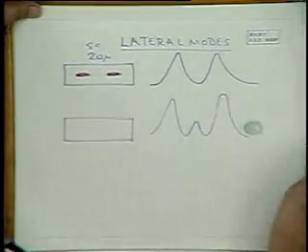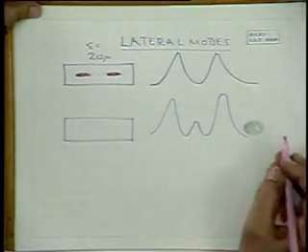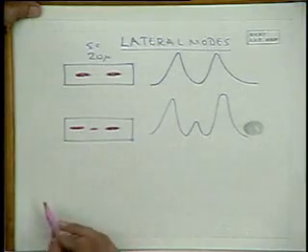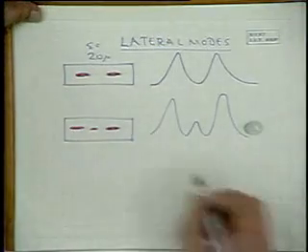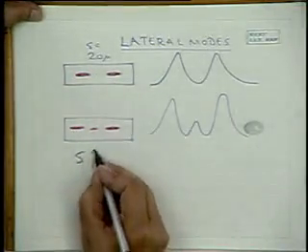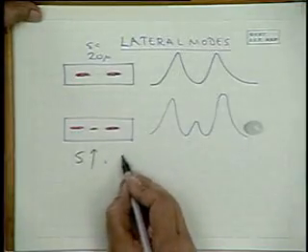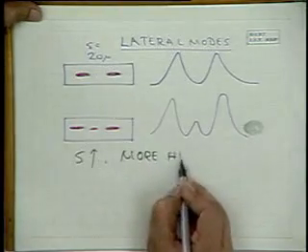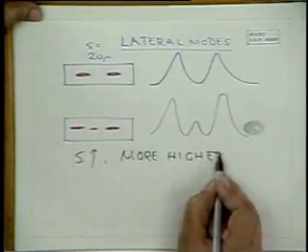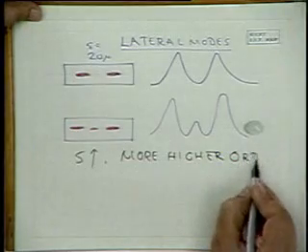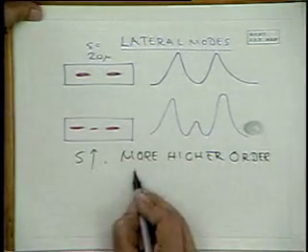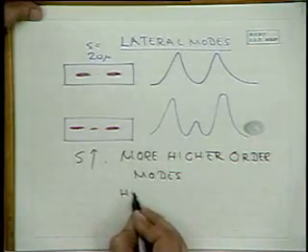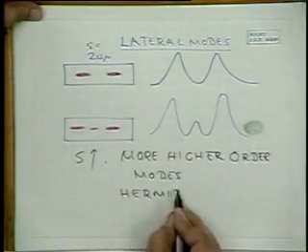Okay. So in this case, you would have... So the conclusion is that as S is increased, you have more higher order modes. And the intensities here are given by the Hermite function.